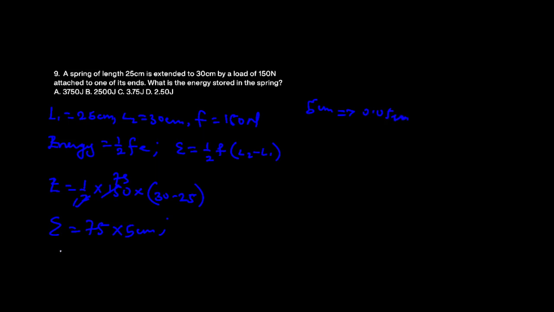So the energy is equal to 75 multiplied by 0.05. So E, which is the energy stored in the string, is equal to 3.75 joules. So 3.75 joules is going to be our answer, and that's option C.